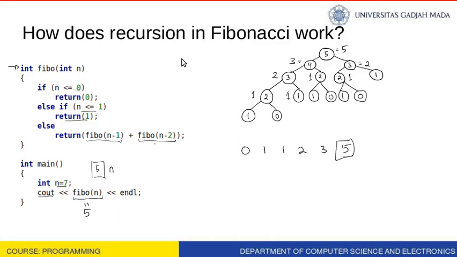There is a way to make this program more efficient, because here we call several function calls which are the same. So we do this Fibonacci 2, here we also do Fibonacci 2, this is also Fibonacci 2. Actually we just need to calculate once, and we can use this returning value for the other Fibonacci function calls.